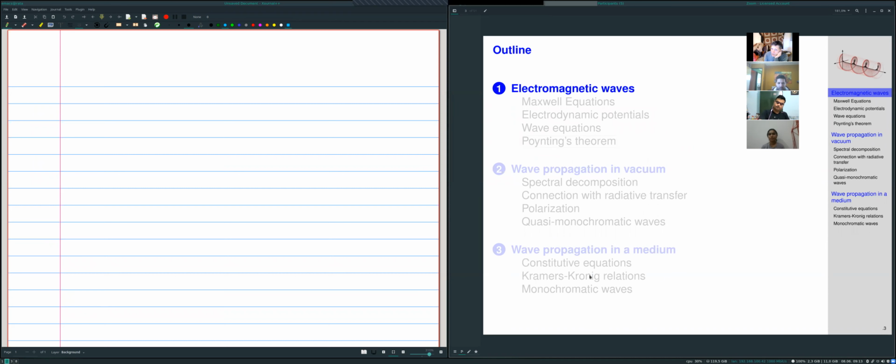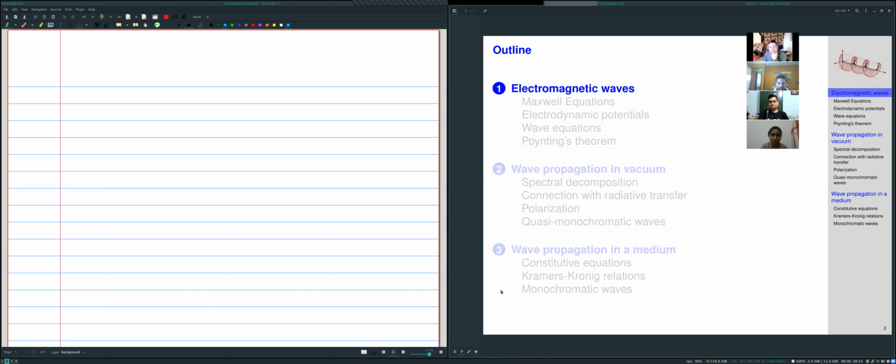Electromagnetic wave propagation. First is generalities on electromagnetic waves and where they come from. Then we'll see the propagation of waves in vacuum. And then we'll look at something that should be new to you, which is the wave propagation in a medium. In principle, these are things that you've already seen, except the third section.